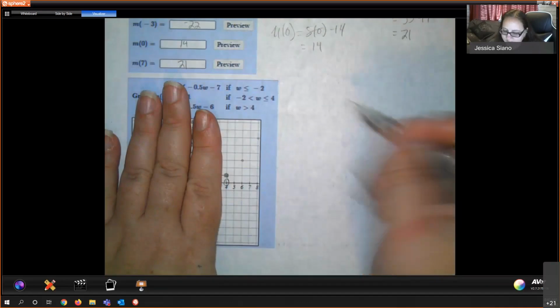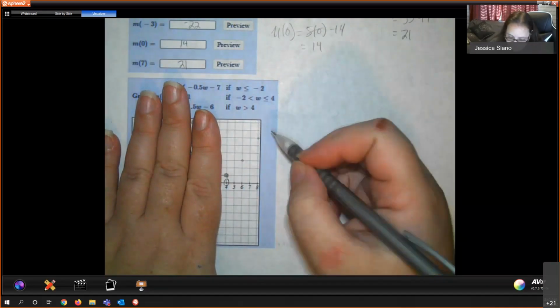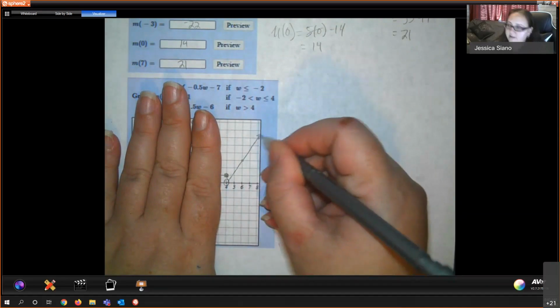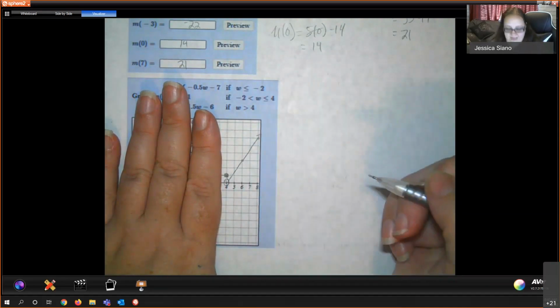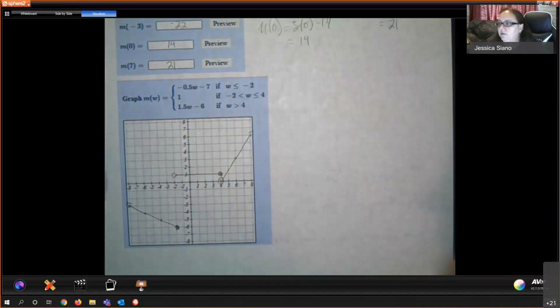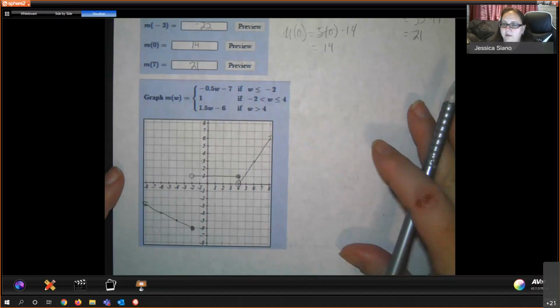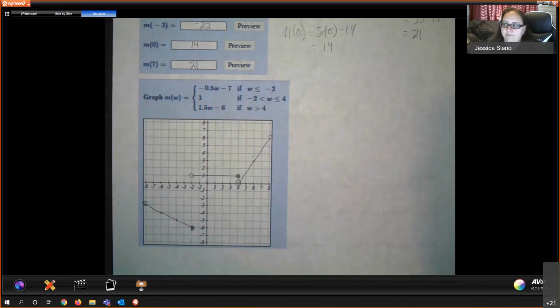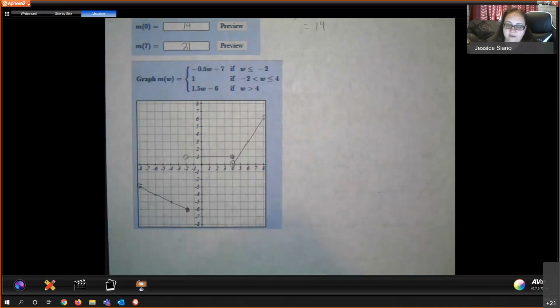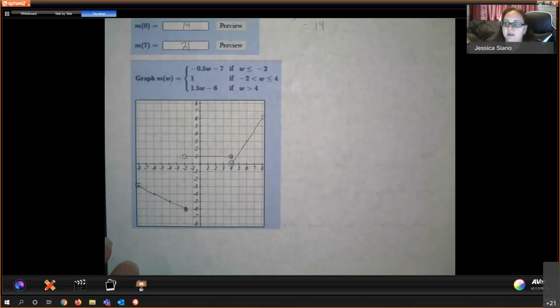That point needs an open circle because we do not have the or equal to. And then I can connect the dots that are on this side. And the dots that are on the other side go away. I hope that made sense. Any other questions about 1.2?